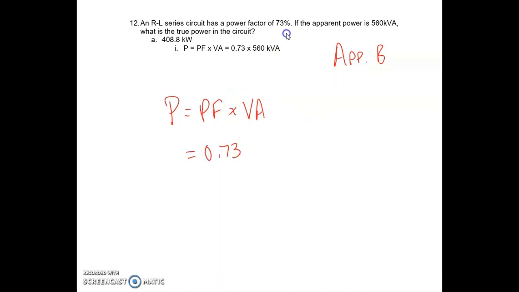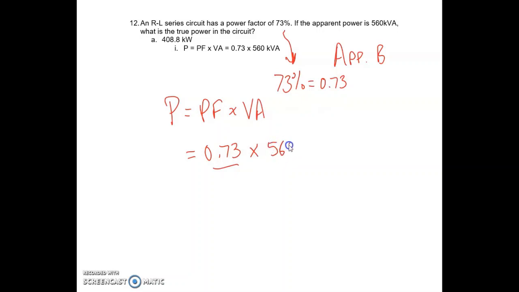0.73. When we have the power factor in percentage, we need to convert it to the decimal form for calculations. So 73% equals 0.73. That's where this comes from. Times the apparent power.